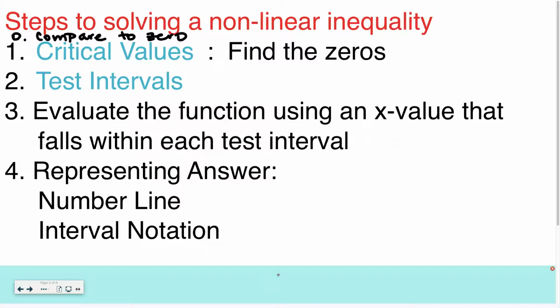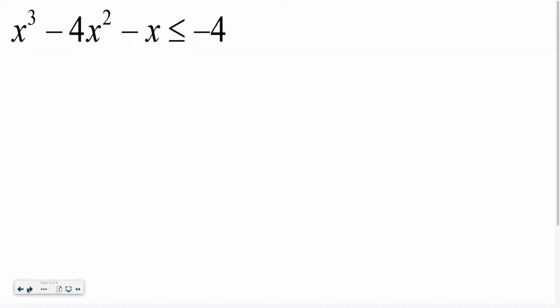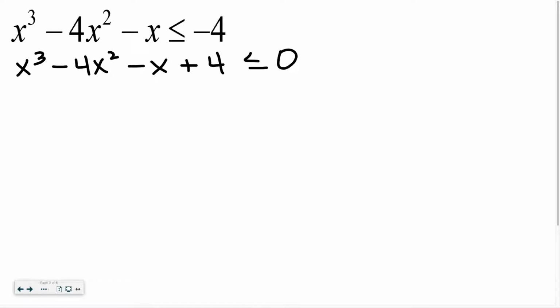That's up to you. You might be able to remember. But if your inequality is not compared to 0, you need to fix that. Otherwise, you can't find zeros. So let's rewrite our inequality to be x cubed minus 4x squared minus x plus 4 is less than or equal to 0. Now this is the inequality we're going to work with.